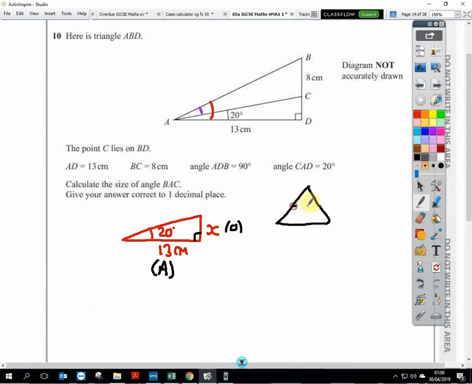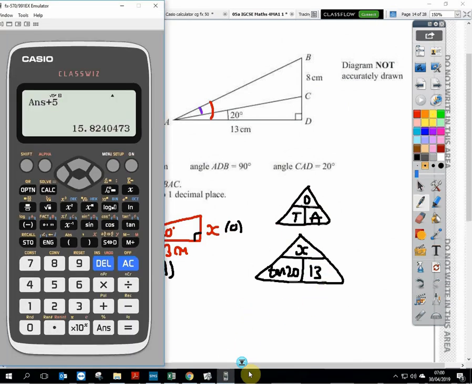So I can draw my little TOA triangle, and then start to fill it in. So we have tan 20, O at the top is x, and A is 13. And if I want to work out x, I can cover x, and I'll do tan 20 times 13.